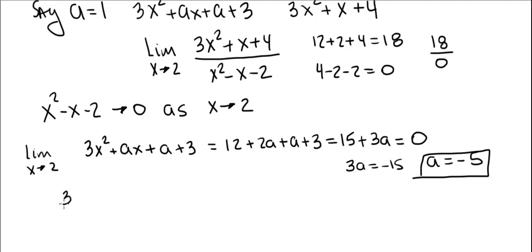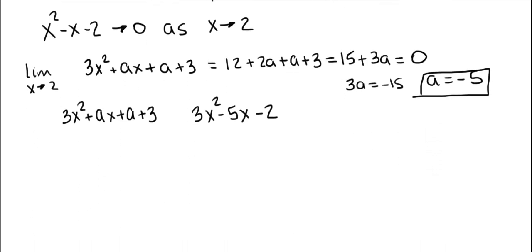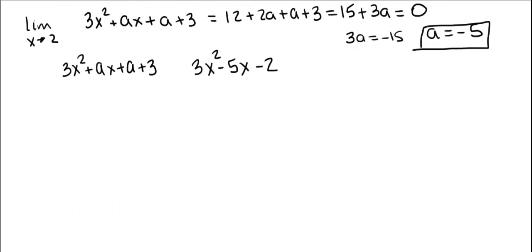So then 3x squared plus ax plus a plus 3 becomes 3x squared minus 5x, and then plus negative 5 plus 3 becomes minus 2. This is the numerator that makes the limit go to 0 over 0 instead of non-zero over 0.